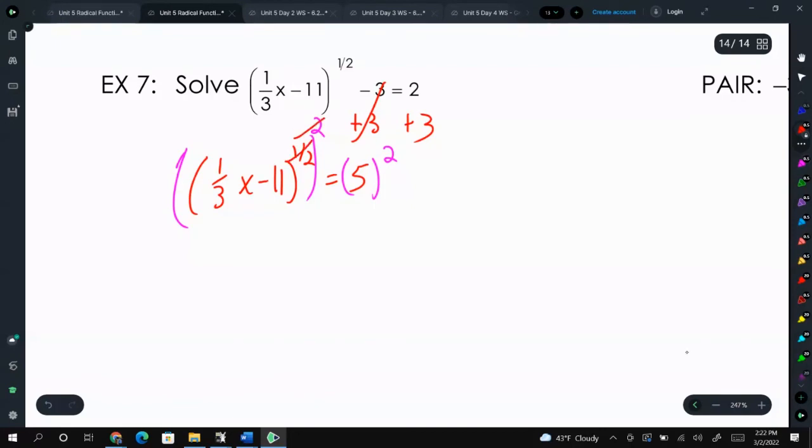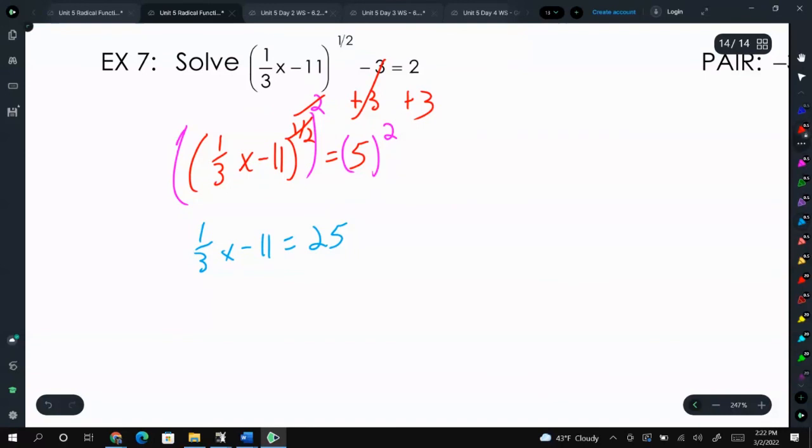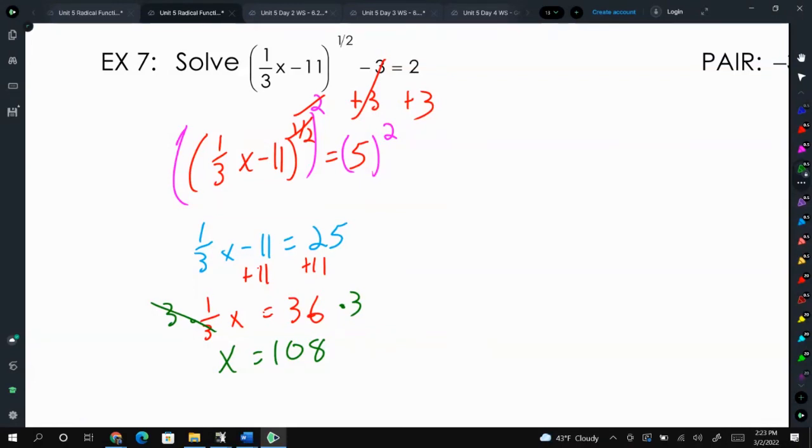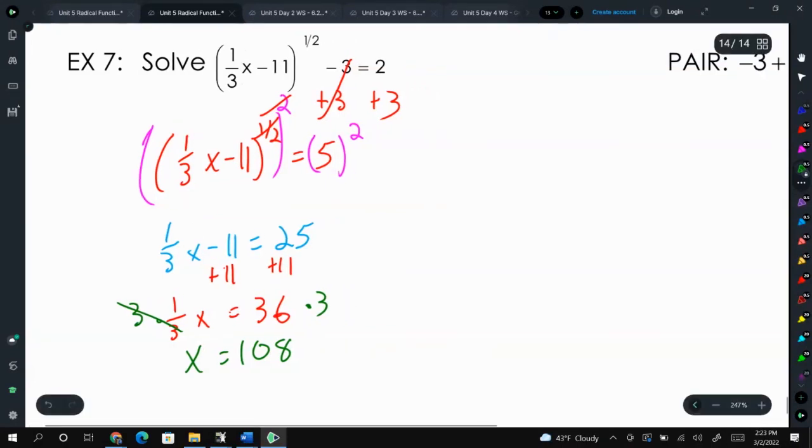So then this will leave us with 1/3 x minus 11 equals 25. And then we're going to add 11 to both sides. 1/3 x equals 36. And then we multiply both sides by 3. x equals 108. Now, because we have a 1/2 power, which is the same thing as a square root, we should check that answer.